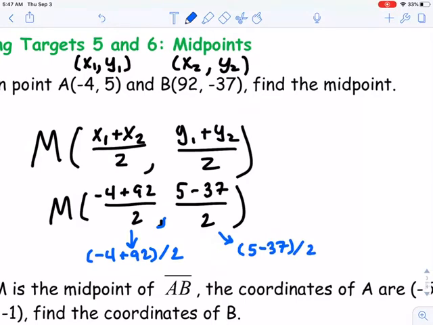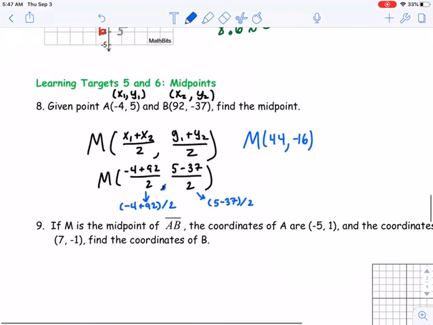Your calculator's not very smart. But nonetheless, we can just plug this into a calculator and get 44, then -16. So that's how you can find the midpoint algebraically using the formula.